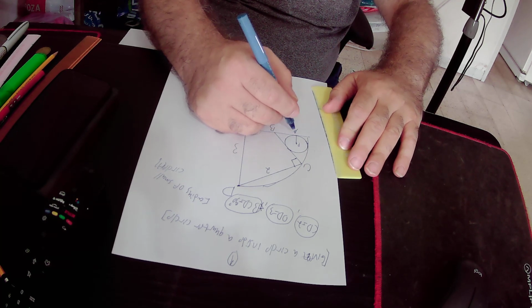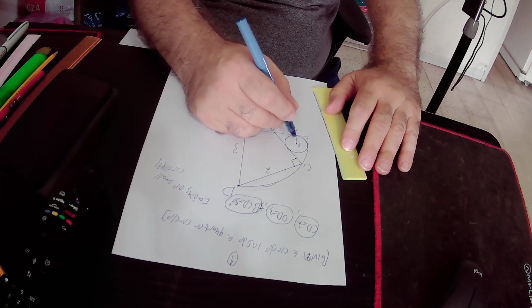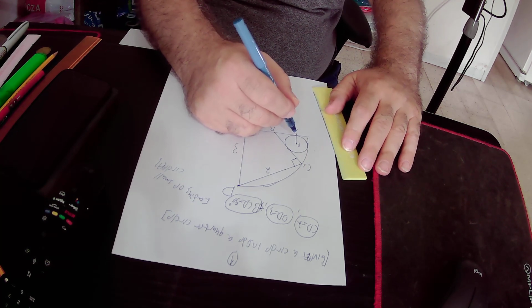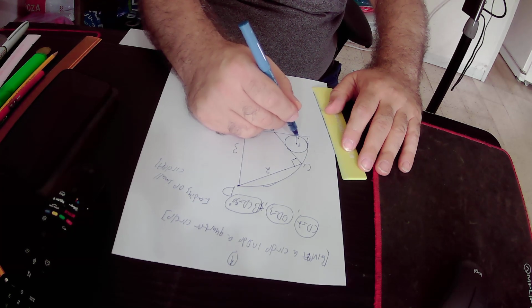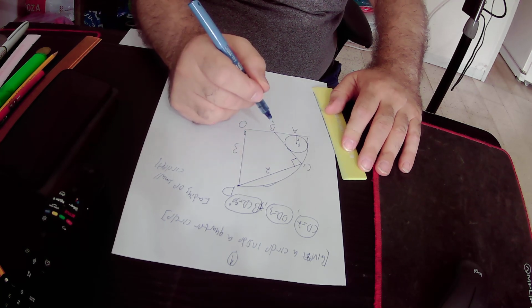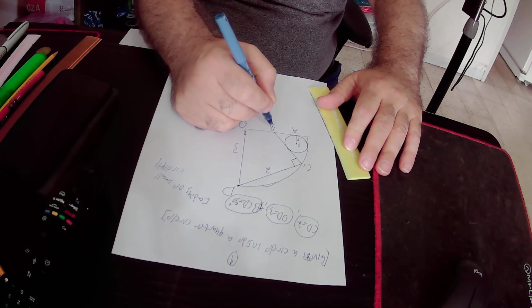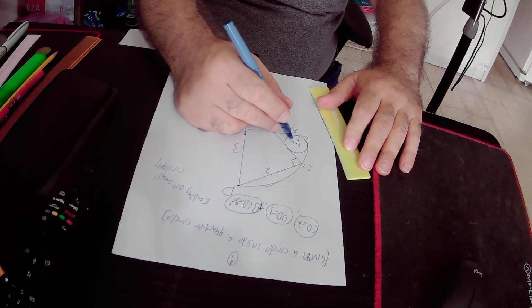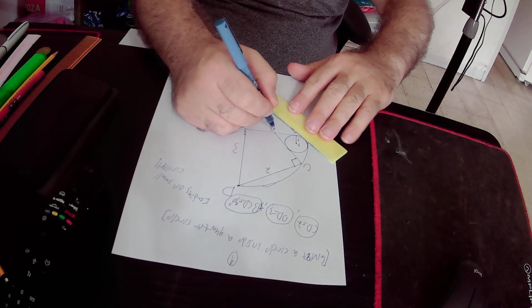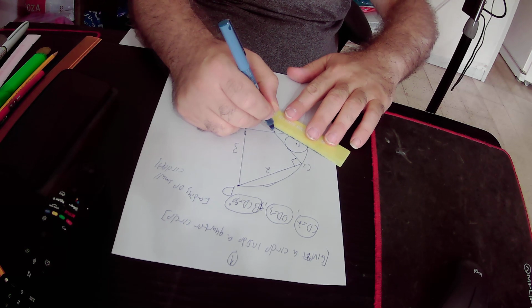So actually AP will be the radius of the small circle. I will define AP as small r, the radius of the small circle, and we will join also points B and P together by a straight line.